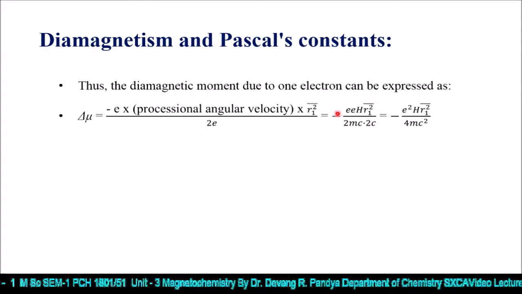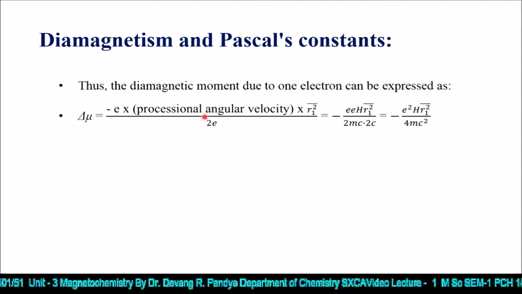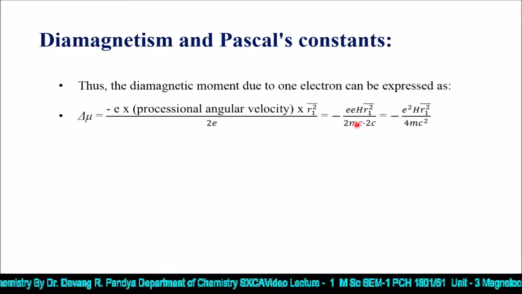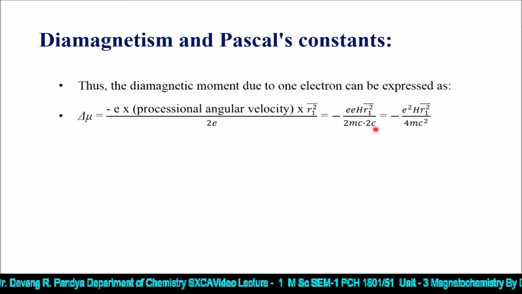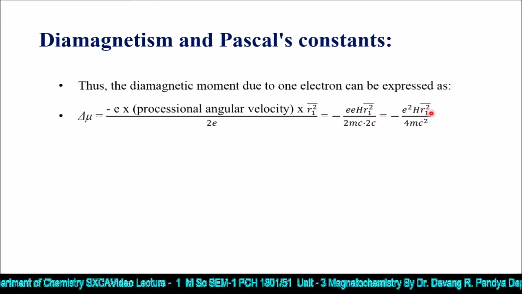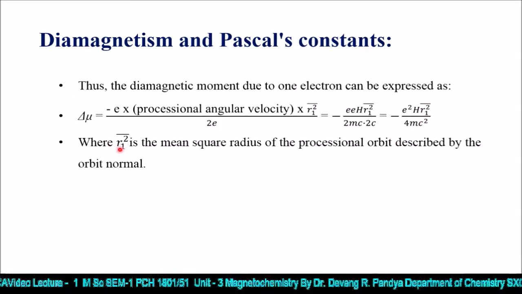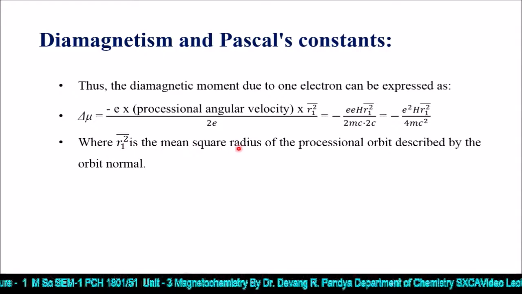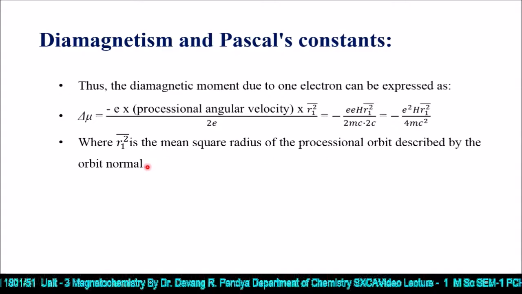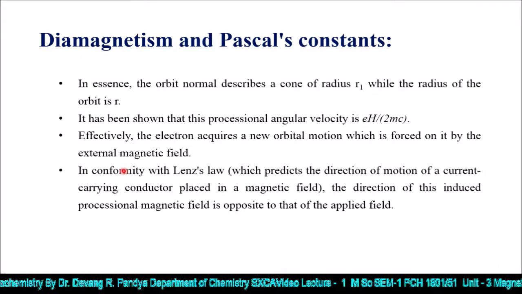So e, the charge, is there: e into eH upon 2mc, the precessional angular velocity, into R1 square by 2c, and that is represented as minus e square H R1 square upon 4mc square, where R1 square is the mean square radius of the precessional orbit described by the orbit normal.